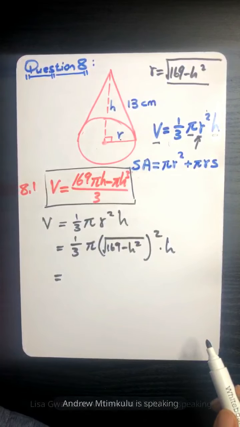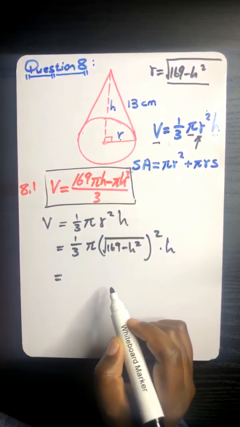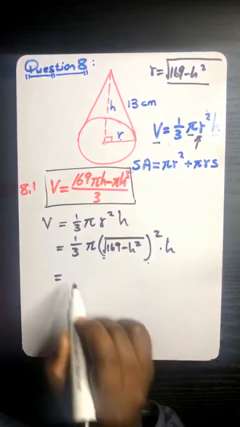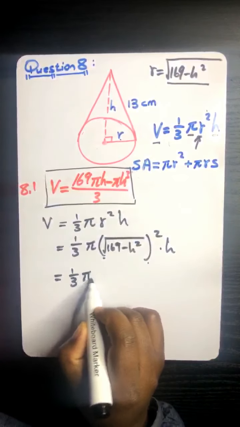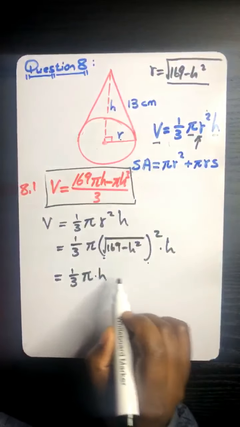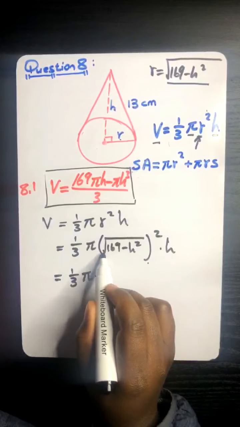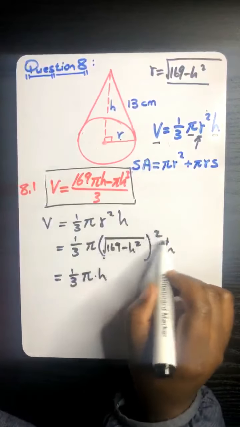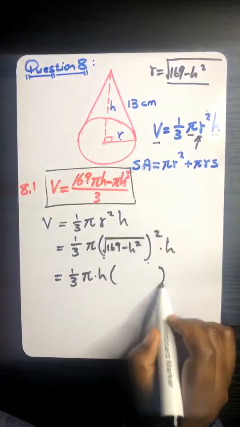Yes, sir. Okay, so now we need to remove the bracket. We still have 1 over 3 and we have pi. Let's bring this one to this side so that it's easy and our things are in order. Do you guys still remember that a power of 2 actually removes the square root completely?